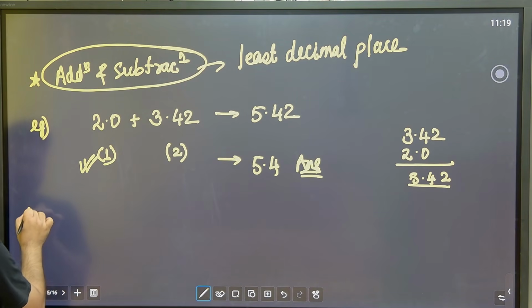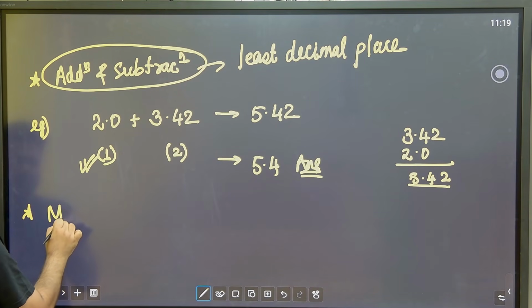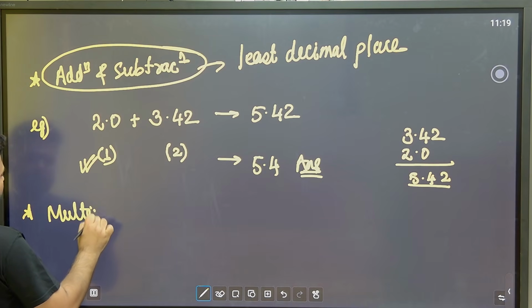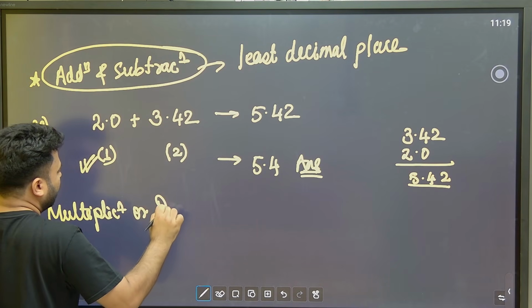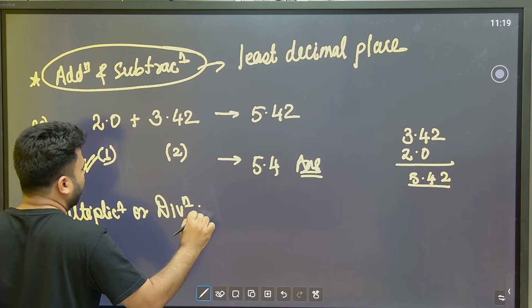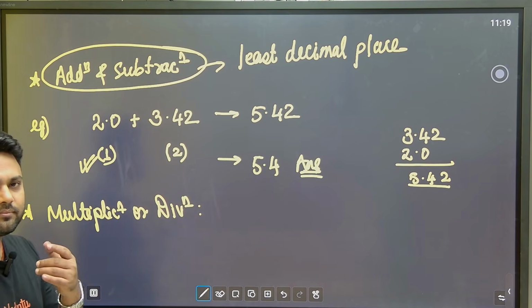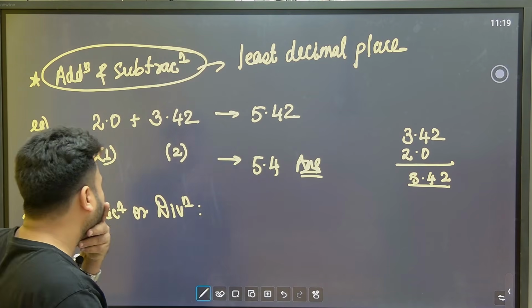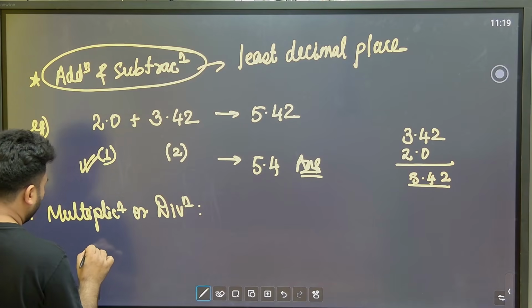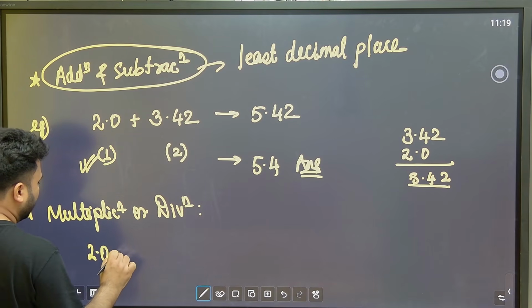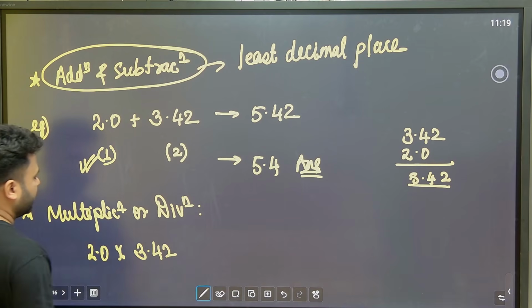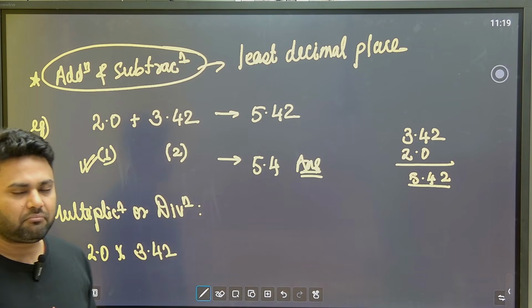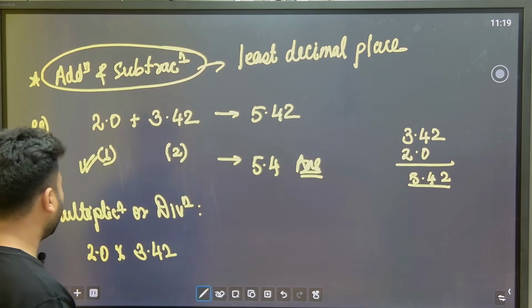Now if you have multiplication or division, there is a little bit of change in the rule. Correct? For example, 2.0 multiplied by 3.42. How are we going to do it?